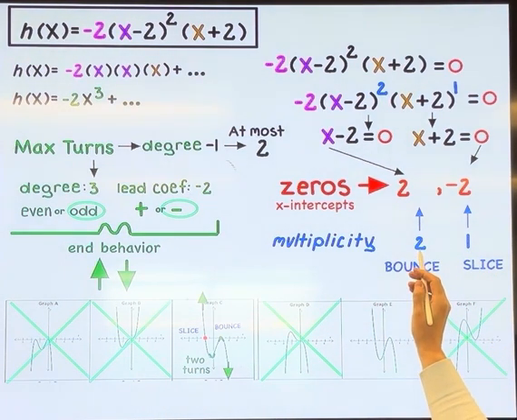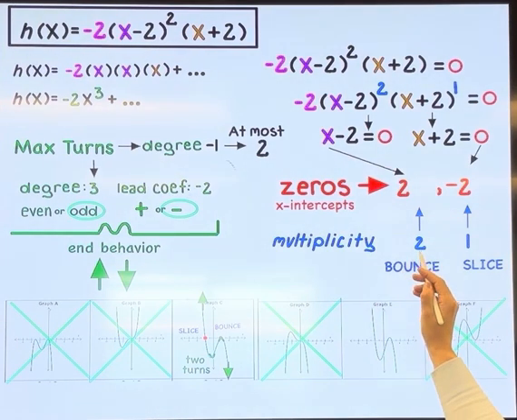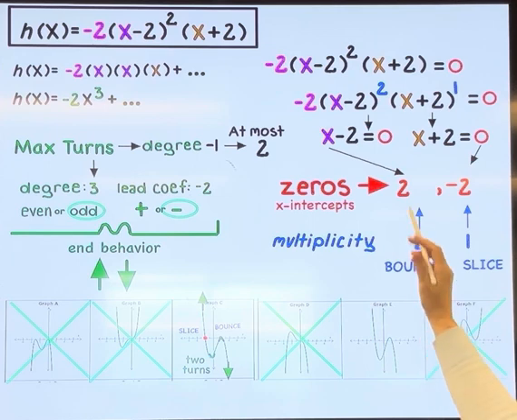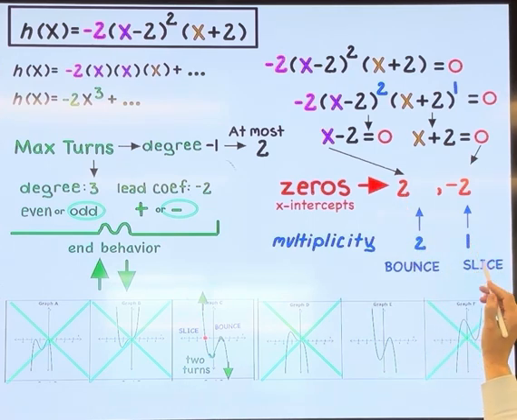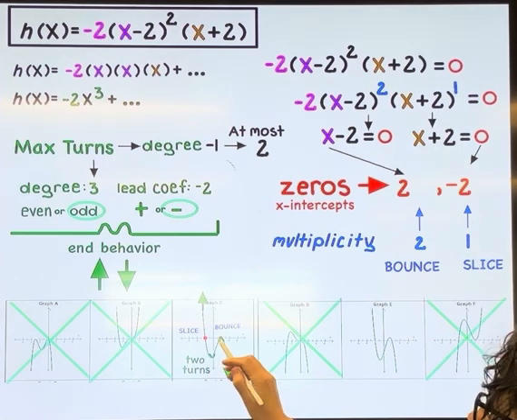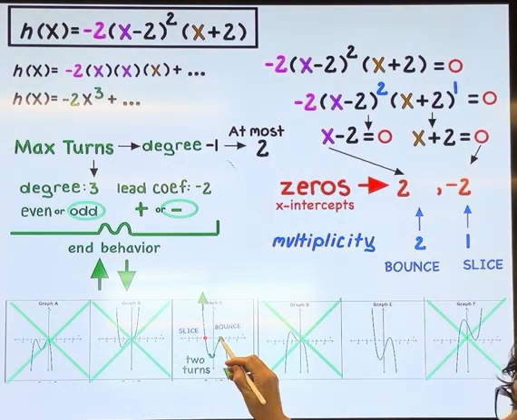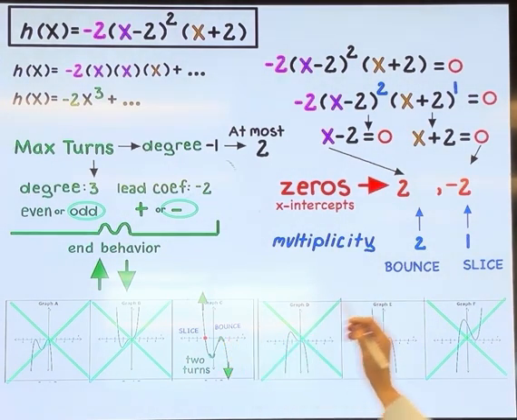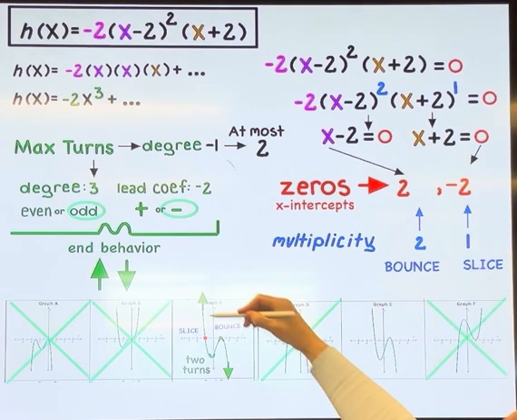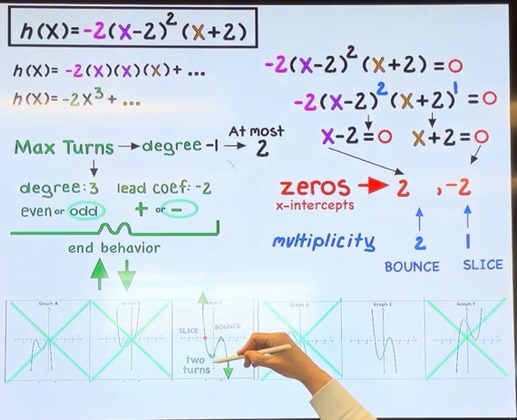And when you have an even multiplicity, then you're going to bounce off the x-axis at this number. And if you have an odd multiplicity, you're going to slice through the x-axis at this number. So in this one here, notice at 2, I bounced off of the x-axis. And at -2, the graph sliced through it.